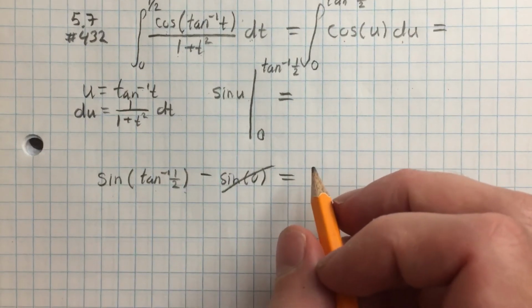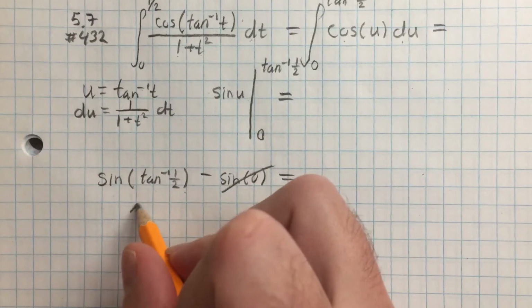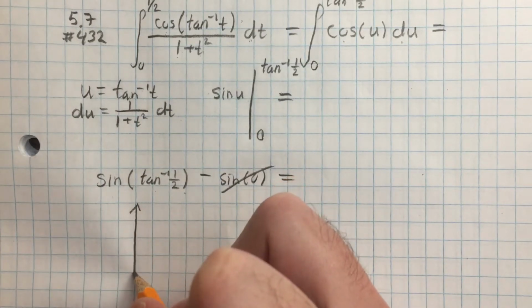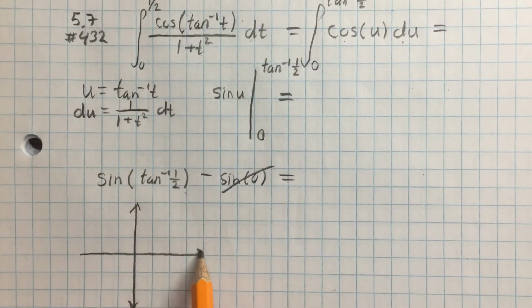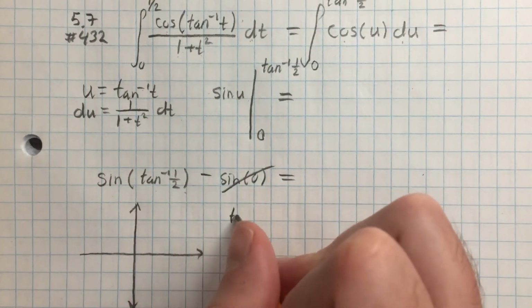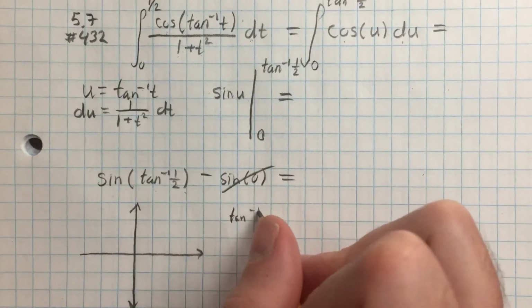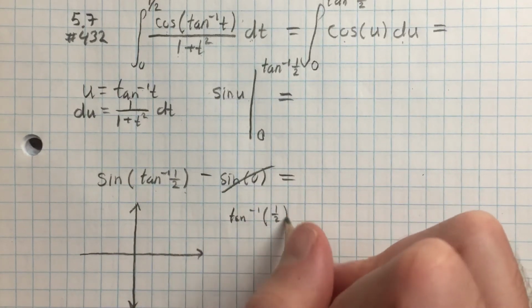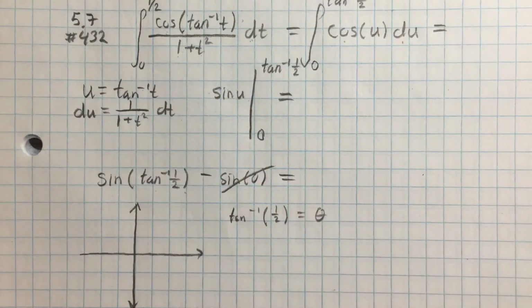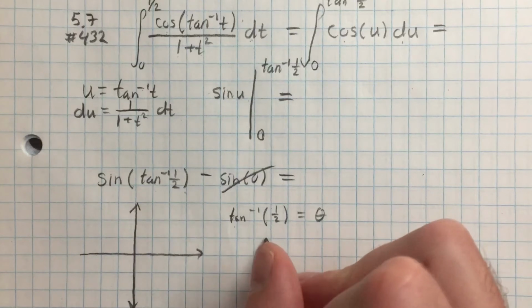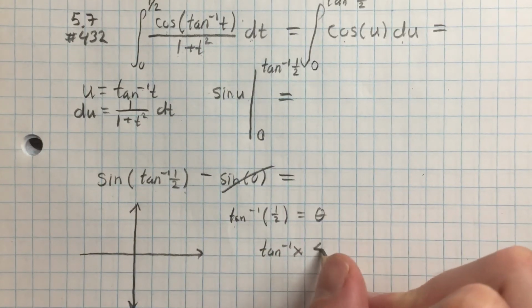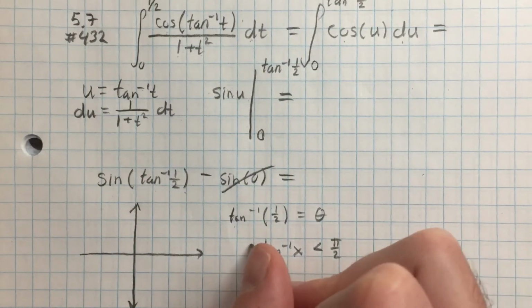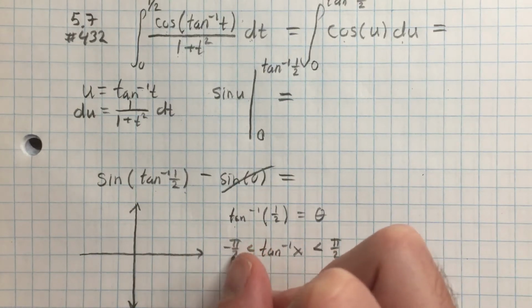So to figure this out, all we need to do is just draw a picture, or you can just think about it very hard. But pictures tend to help in these cases. So tan inverse of 1/2 is some kind of angle, right? And that angle has to appear because tan inverse of x in general is trapped between pi on 2 and negative pi on 2 for its range.